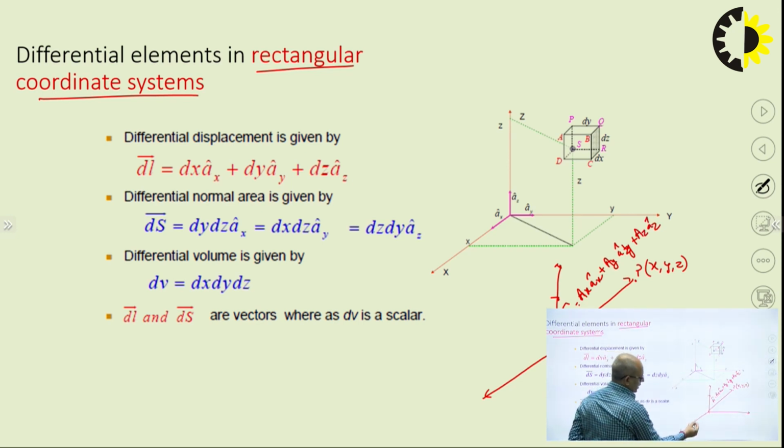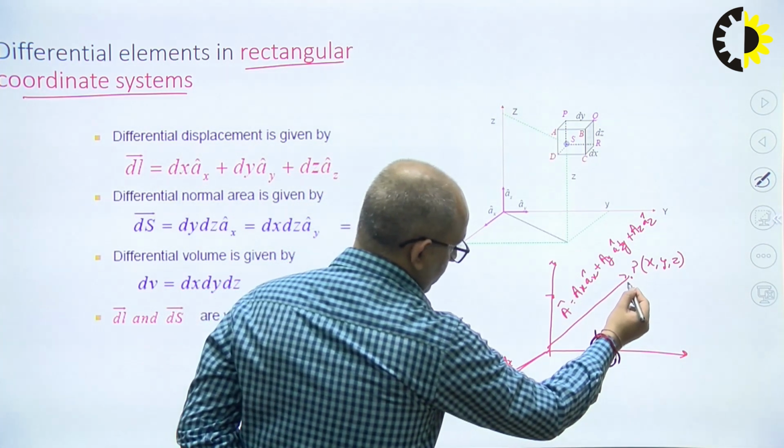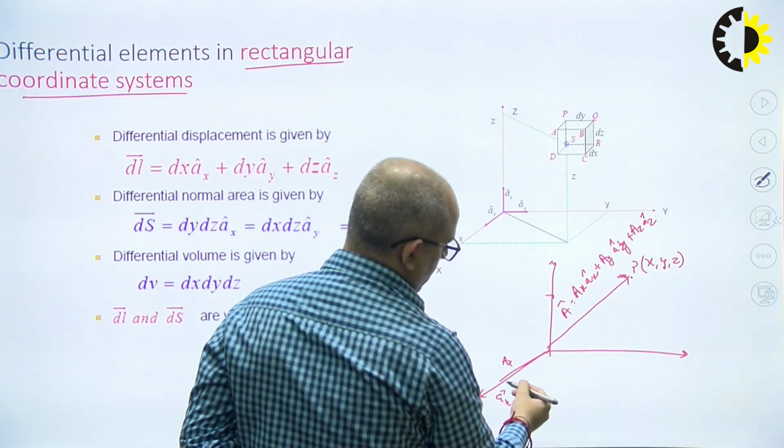So what is Ax? Ax will be in this direction. And what is Ay?